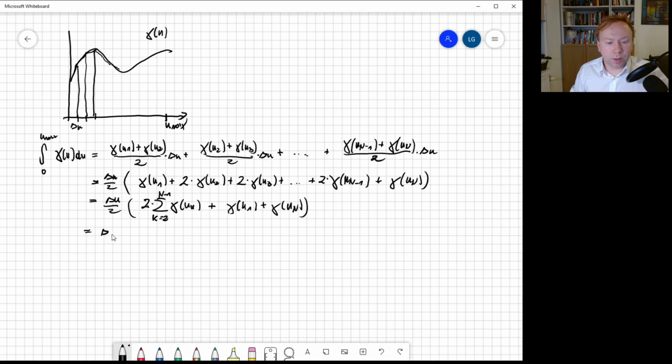And finally, we can write this expression as delta u times the summation from k equal to 2 to n minus 1 of gamma u k, plus a half, and then the summation of these two elements, gamma u1 plus gamma of u n.